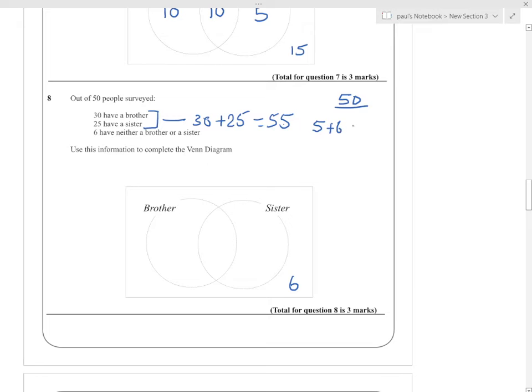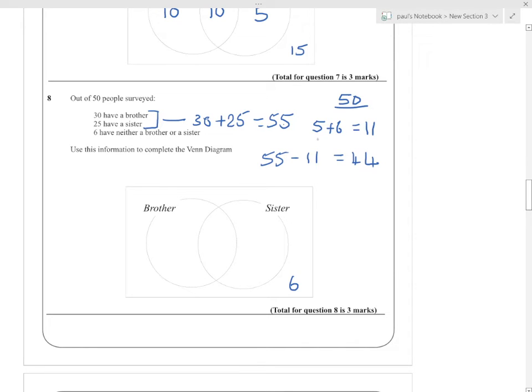So 5 plus 6 is 11. So we've got purely brothers and purely sisters. Looks as though there's a 5 overlap, but we take the 11 as well. So if we do 55 minus 11, that equals 44. So we've got 44.